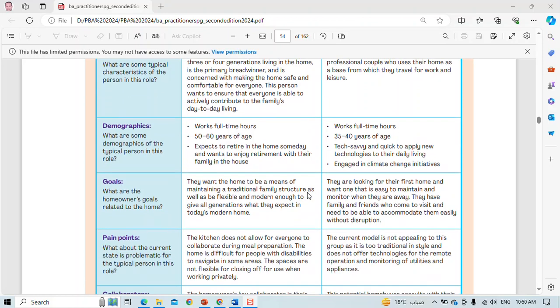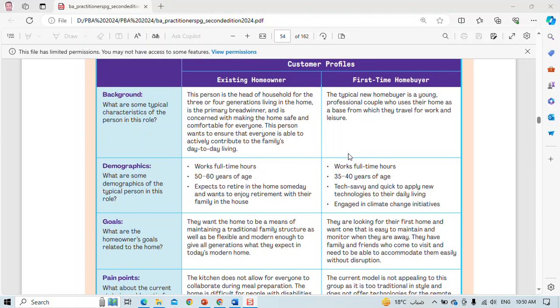Demographics. What are some demographics of the typical person in this role? Existing homeowners work full-time. Their age is from 50 to 60. They expect to retire in the same home. They say they would like to enjoy retirement with their family in this home.